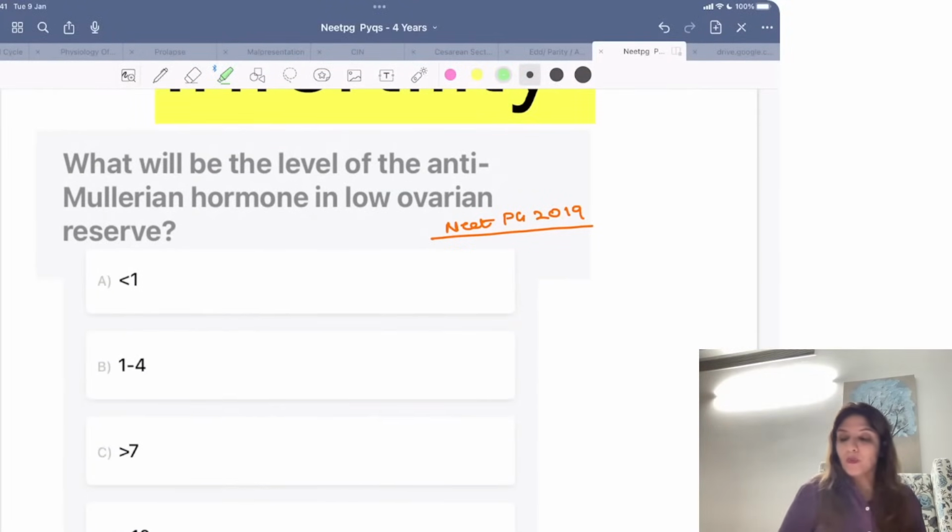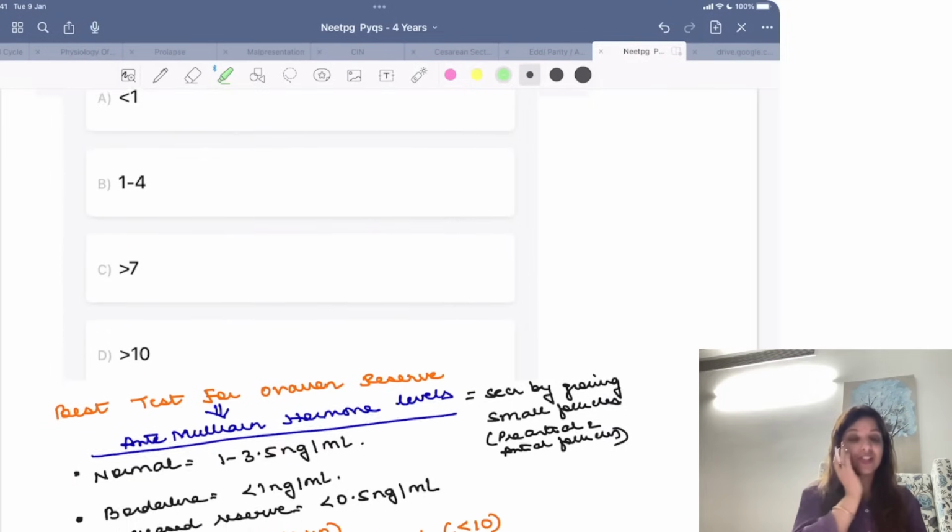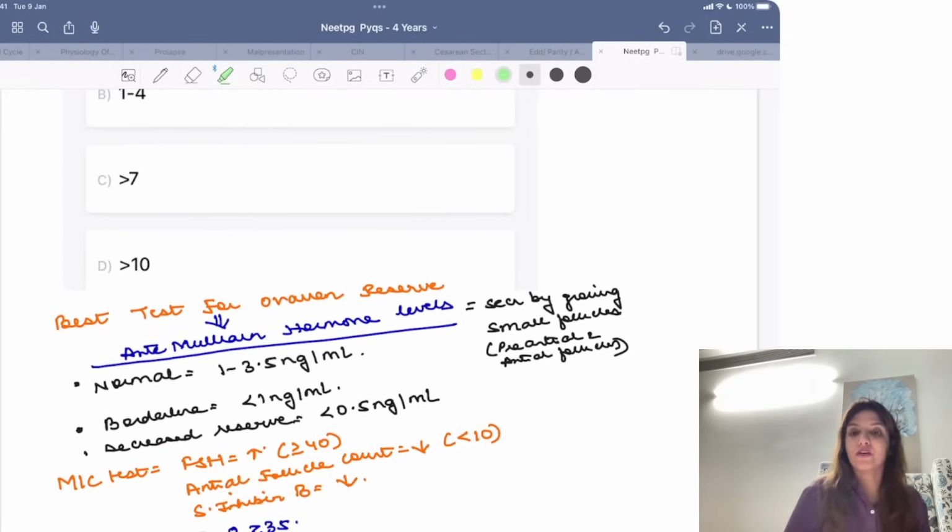Then, what will be the level of anti-Mullerian hormone in low ovarian reserve? Now, remember, the best test for ovarian reserve is anti-Mullerian hormone. Who is producing anti-Mullerian hormone?